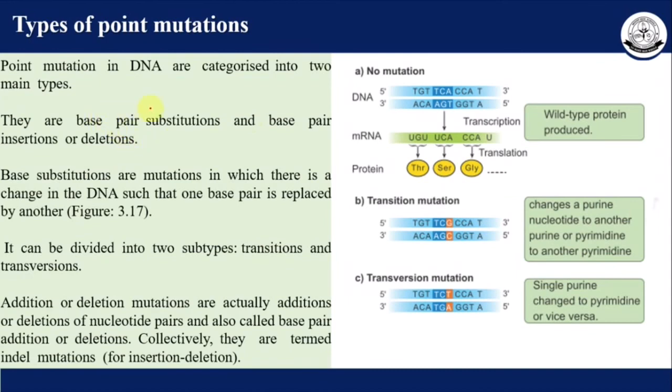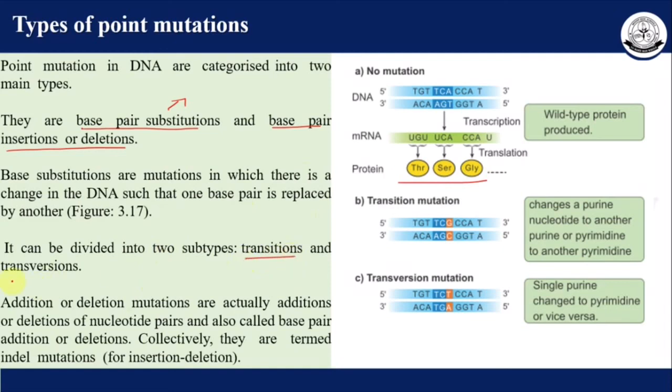Types of point mutation: here you can see they categorize them in two. One is base pair substitution, and the other is base pair insertion or deletion. Substitution we already saw; it may be purine-purine substitution or purine-pyrimidine substitution. Insertion or deletion may change the total number of nucleotides in a sequence. Here you can see it's a wild type producing an amino acid.